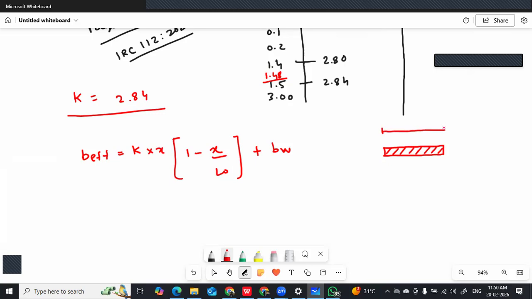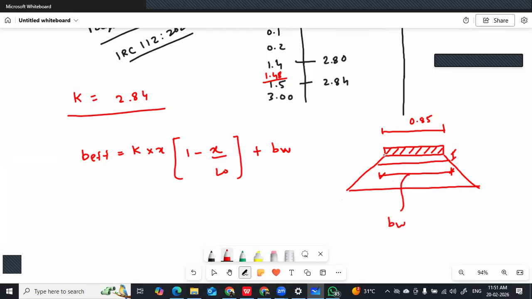The width of this track is 0.85. Below this track, you have the wearing coat and the depth of the slab. So this is the dispersion up to the wearing coat only. You don't have to find the total dispersion. BW is the dispersion of single track up to the wearing coat only.